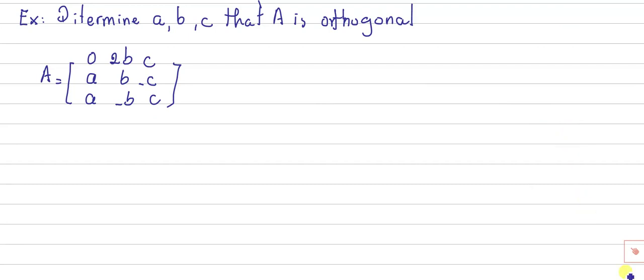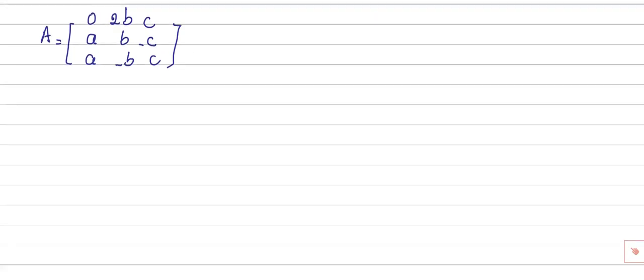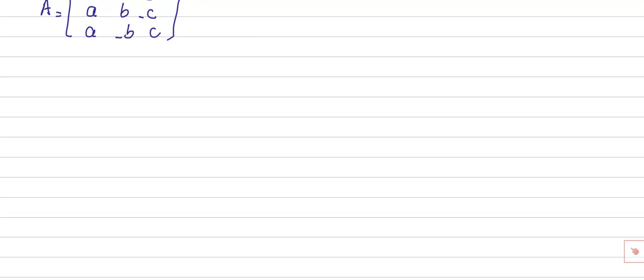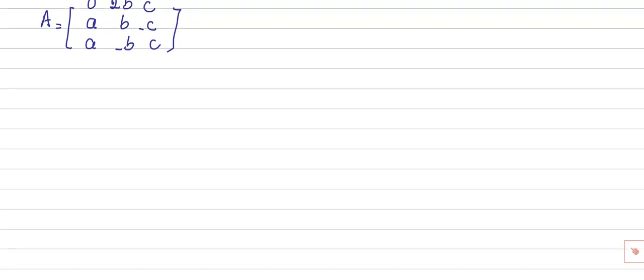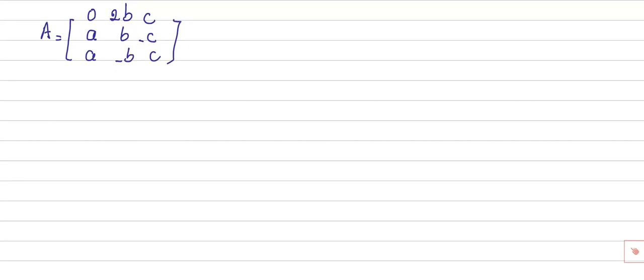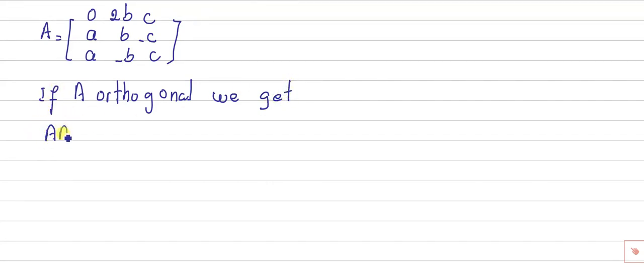A is orthogonal. It means that what we have shown already, if A is orthogonal, we get A and A transpose equal to the identity matrix.